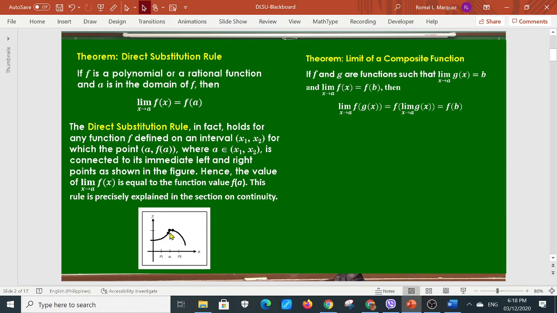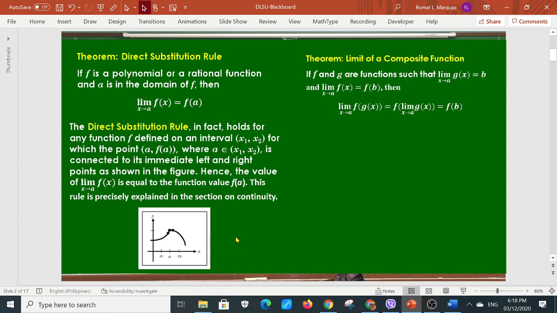So like here, this is our a, and we have an interval from x sub 1 to x sub 2, and a is contained there. And you notice that there is an immediate value to the left and to the right, and the function is defined in that immediate value to the left and also to the immediate value to the right.